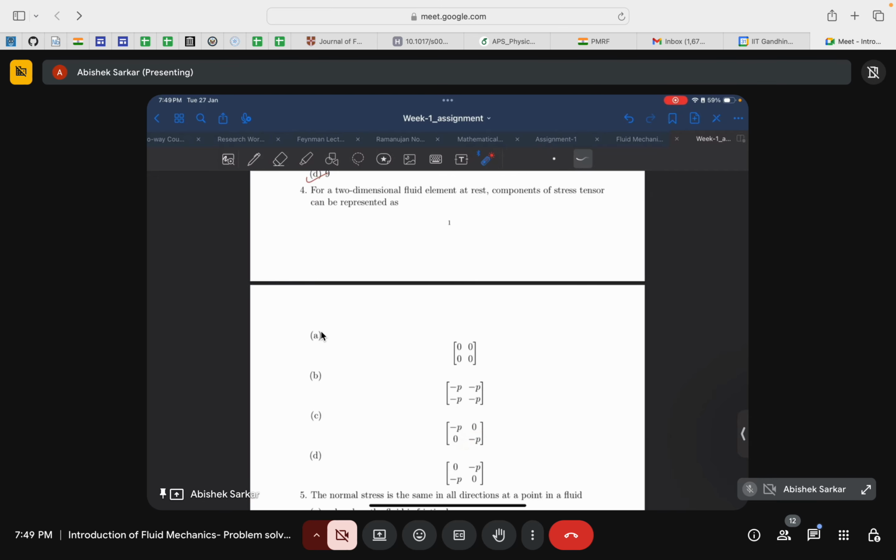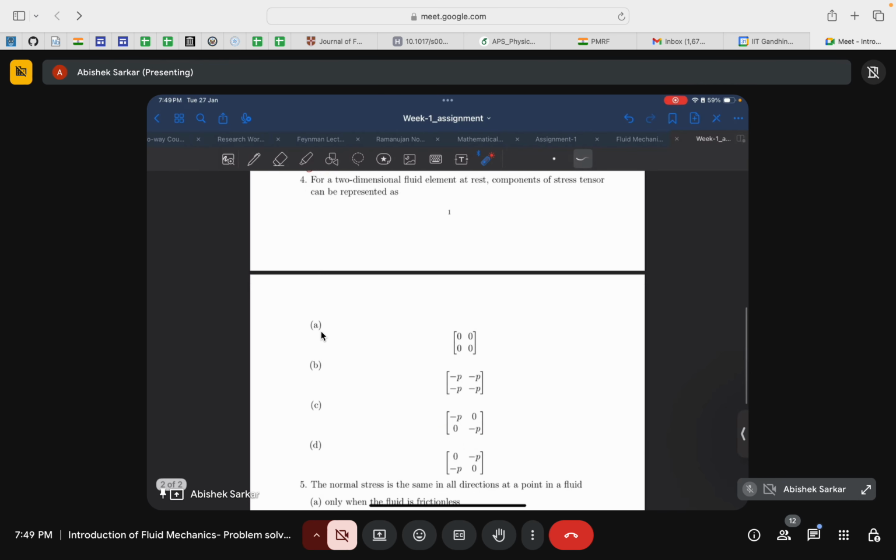The normal stress would be along the diagonal, that is, only the pressure. Some might say the other diagonal components count too, but that is not correct. For a matrix, when we say diagonal components, we consider this one; this is the orientation of the diagonal that we consider.